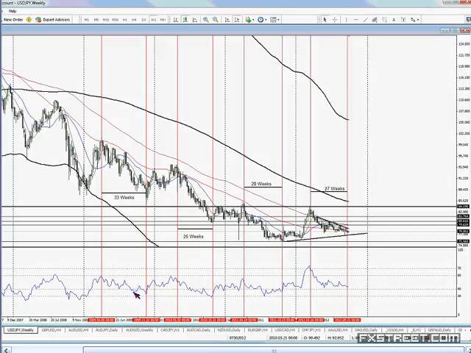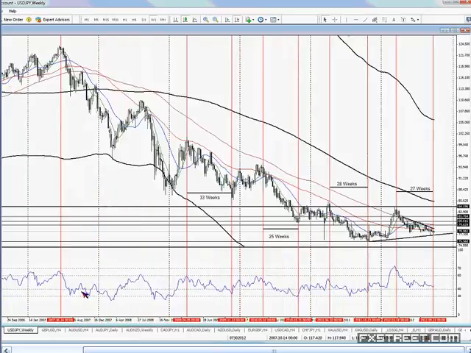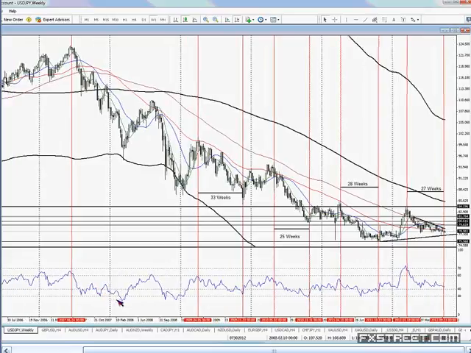We've been in a very persistent bearish trend, as far as momentum goes, since 2007. RSI kisses 30 here, tags 30, comes back, stays below 60 for the most part.